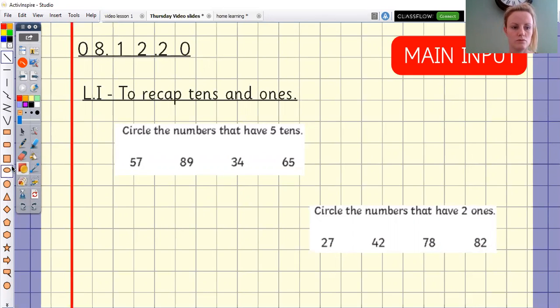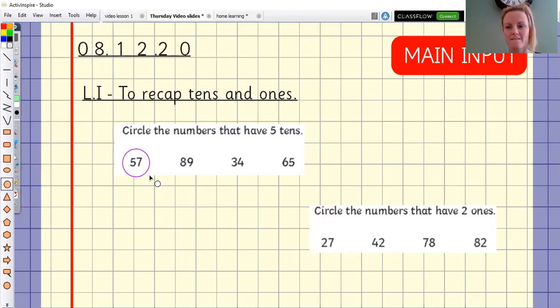You should have circled 57 because there's 5 tens. So it would go 0, 10, 20, 30, 40, 50. And 50 is 5 tens, 5 lots of 10.